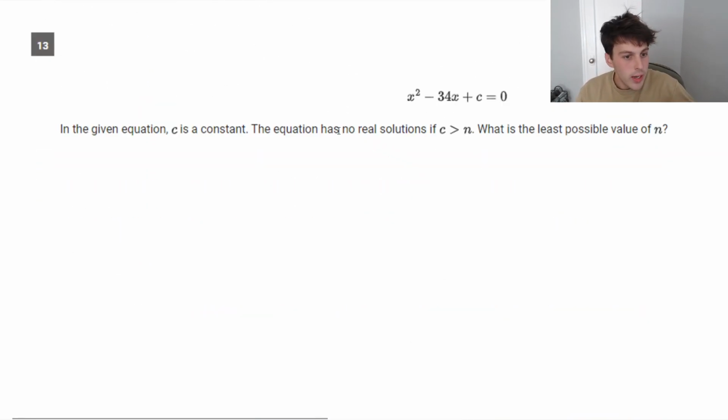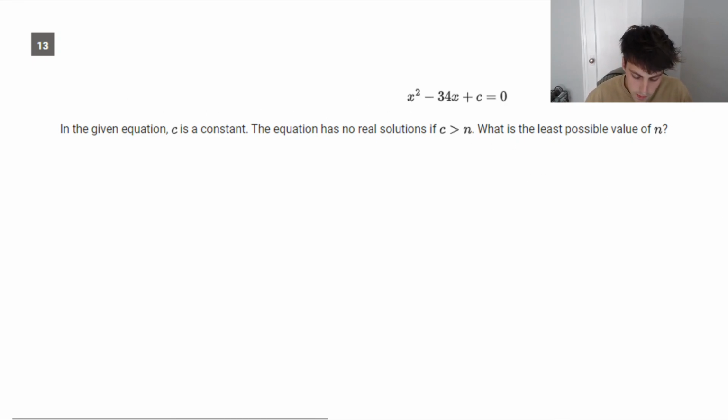Okay, we get a quadratic x squared minus 34x plus c, and it's equal to 0. It tells us that in the given question, c is a constant, and the equation has no real solutions if c is greater than n. What's the least possible value of n?